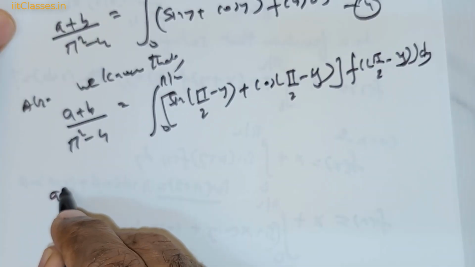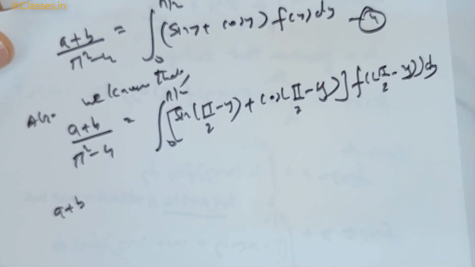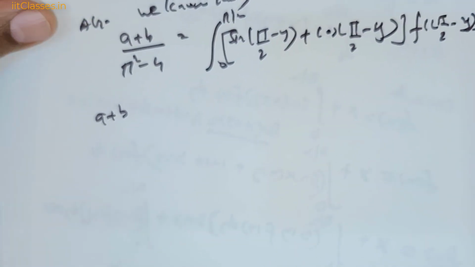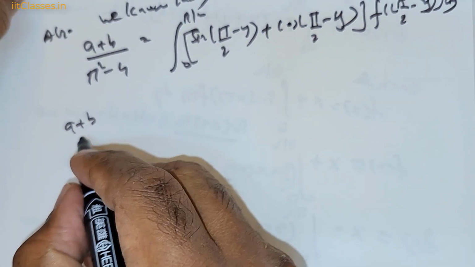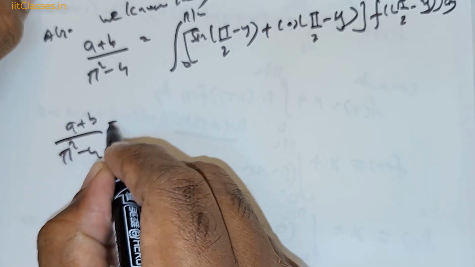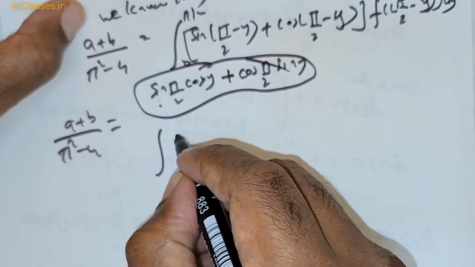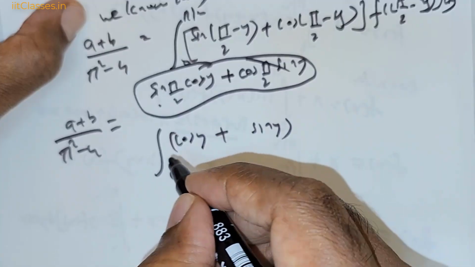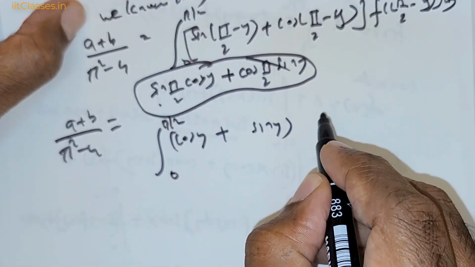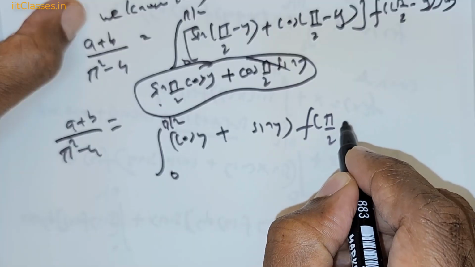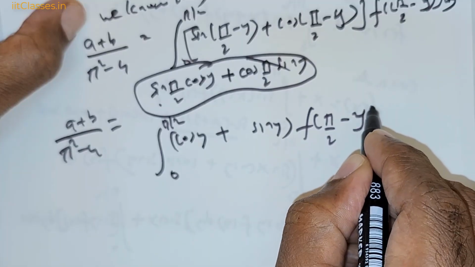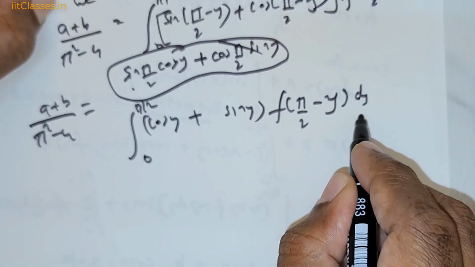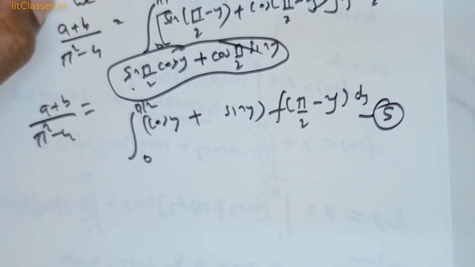Now this can be rewritten as a plus b divided by pi squared minus 4 is equal to the integral from 0 to pi over 2 of (cos y plus sin y) times f of (pi over 2 minus y) dy. I take this as 5.